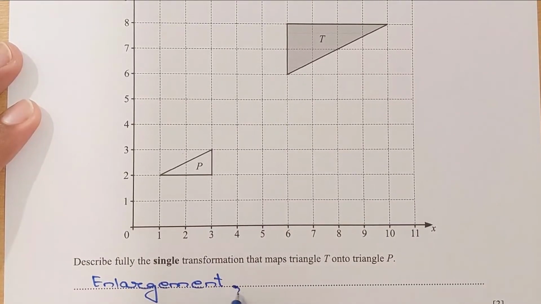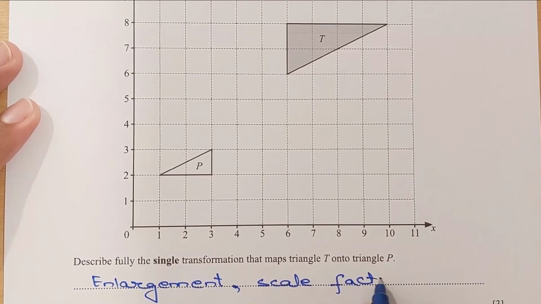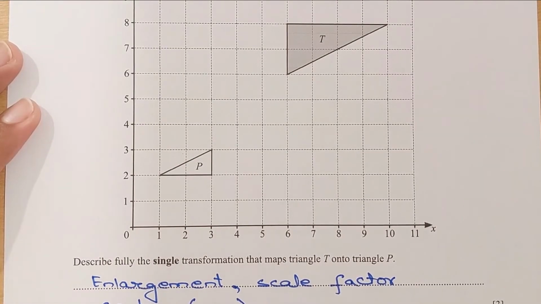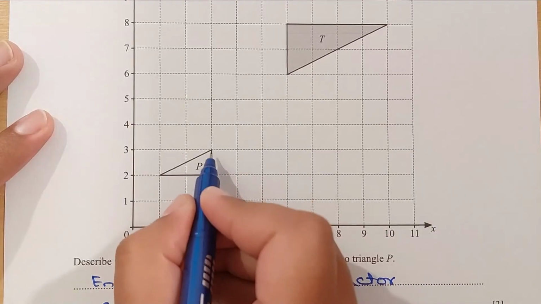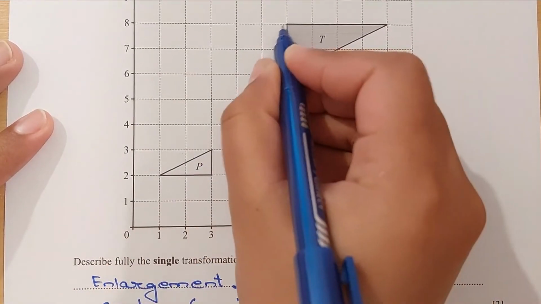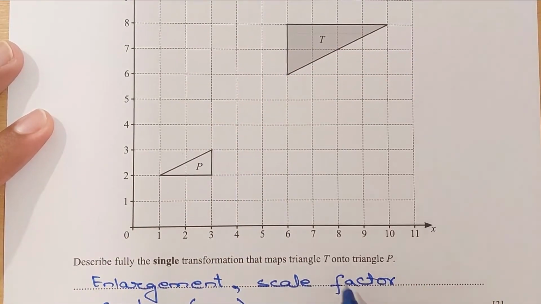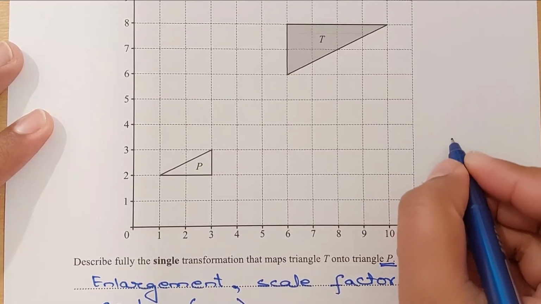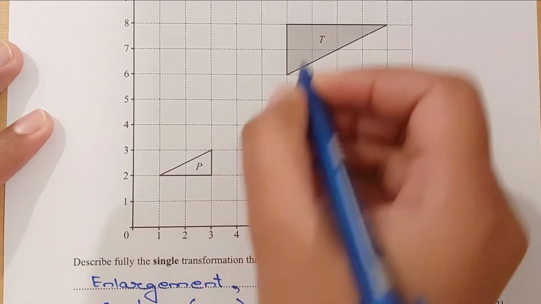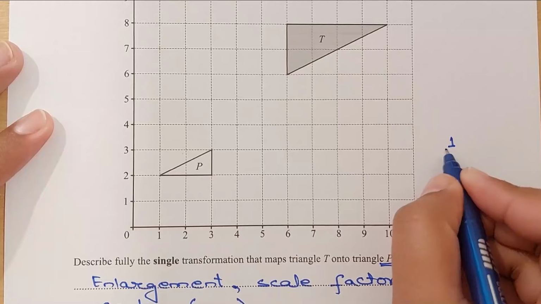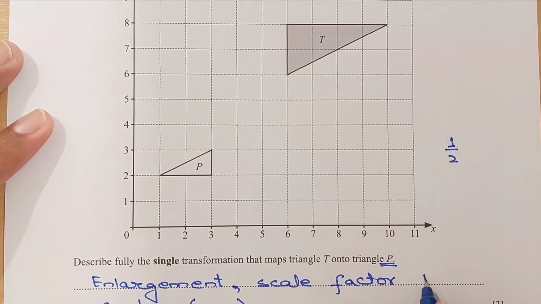Now we have to find the scale factor of enlargement and the center of enlargement, the x and y coordinates. Now the scale factor. This is 1 unit and this is 2 units. The transformed triangle is P, so its side is 1 unit and the original one is 2 units. So it is 1 by 2.